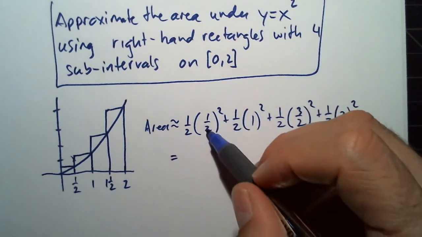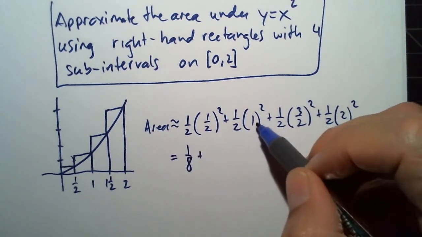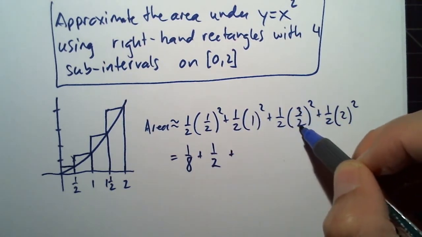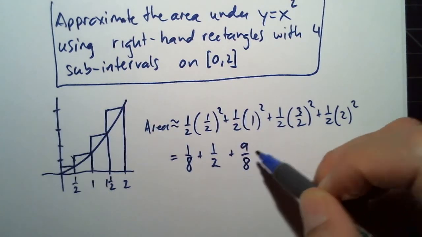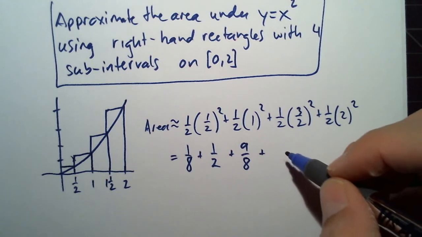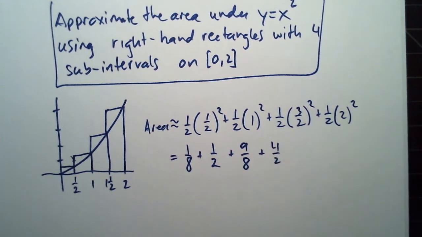So that's going to be 1/4, that's 1/8. 1 times a half, 9/4, 9/8. And 4 over 2, we're going to leave it as 4 over 2.